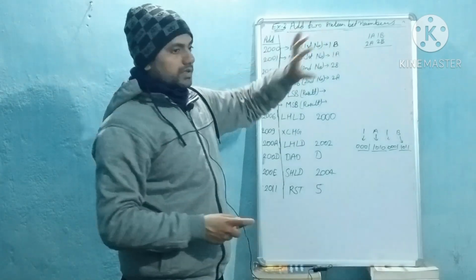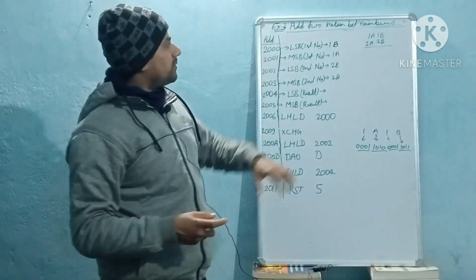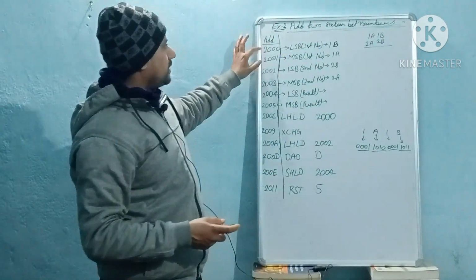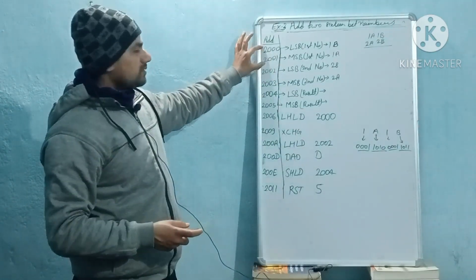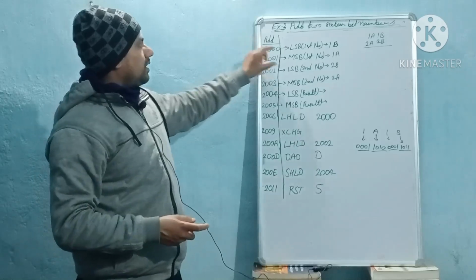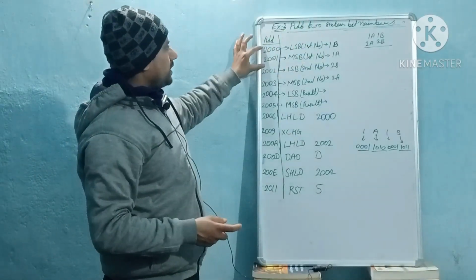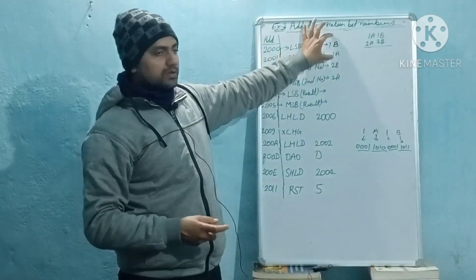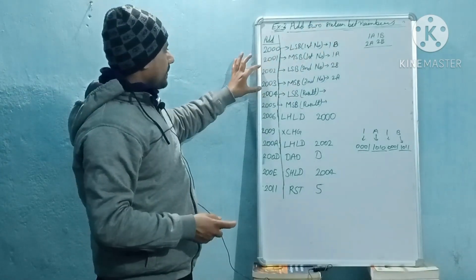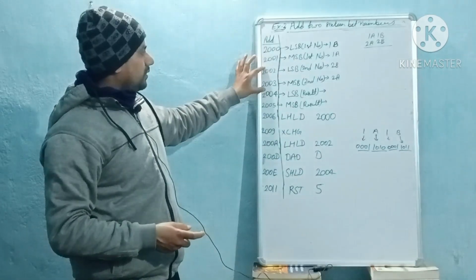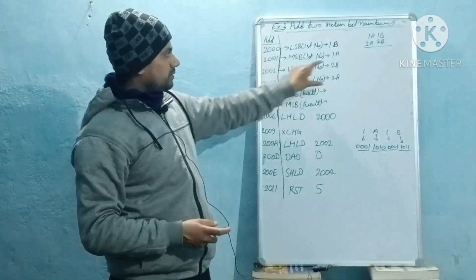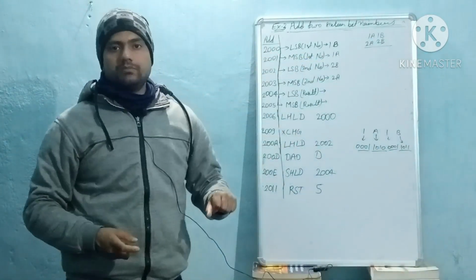So for storing 16-bit numbers, we need two memory locations. That's why 2000 and 2001. These two addresses in RAM we need for storing one 16-bit number, and another two memory locations we are using to store another 16-bit number.